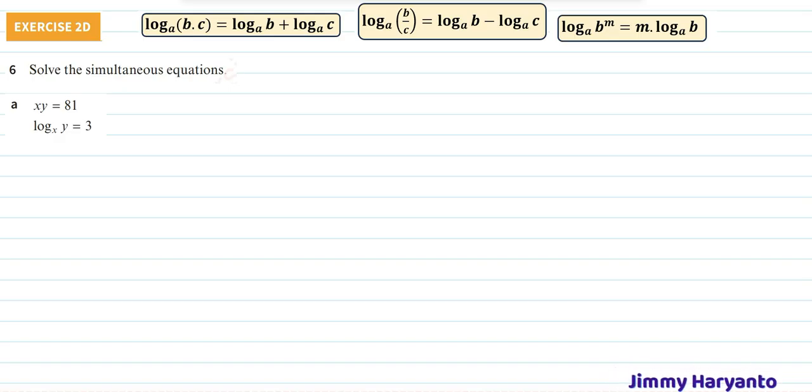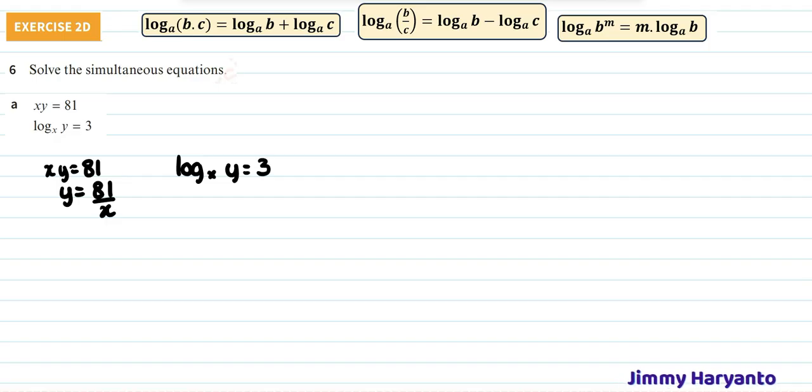We will start from xy equals 81. I want you to make this into y only, so y equals 81 over x, and then insert it into the second equation. You have log x, and then replace the y with 81 over x like this, equals 3. And then what next?